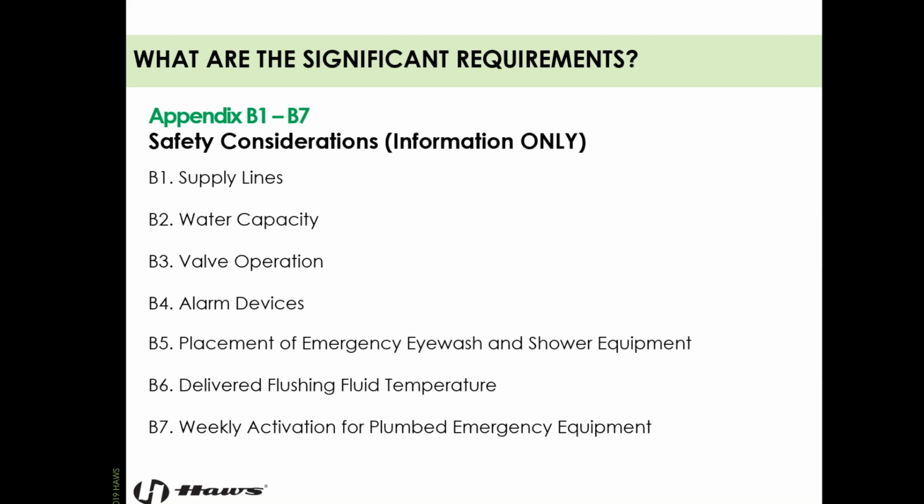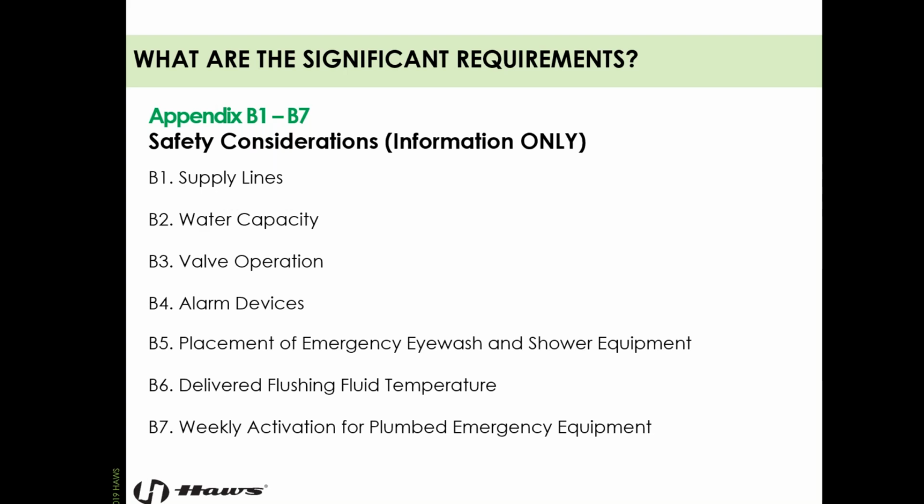B1 through B7 has safety considerations for the supply lines and sizing. Generally speaking, for a combination unit, 1.25 inch sizing for the pipe is the bare minimum to make sure that you're getting enough water to the combination unit. For an eyewash or face wash, pretty much a 1/2 inch line. Water capacity, valve operation, alarm devices.